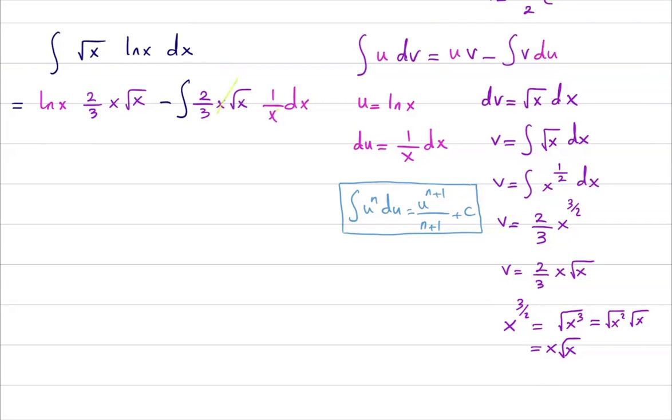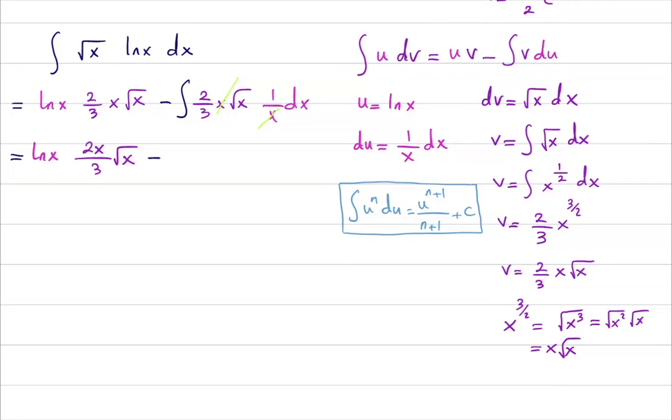You can get rid of x and x. So here you have 2/3 times ln of x times square root of x, or let me just write down everything in different colors, so later on when you see this, you don't get confused.